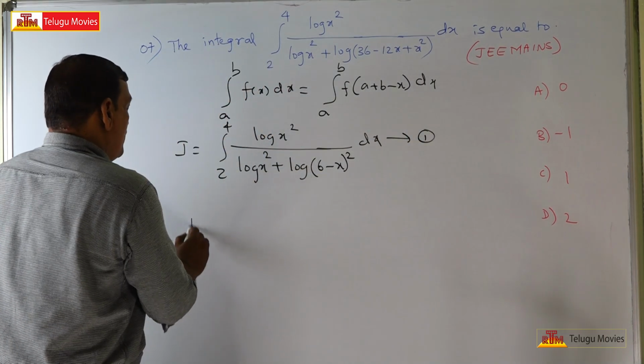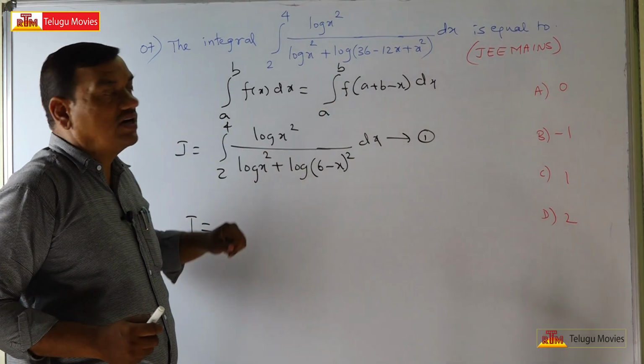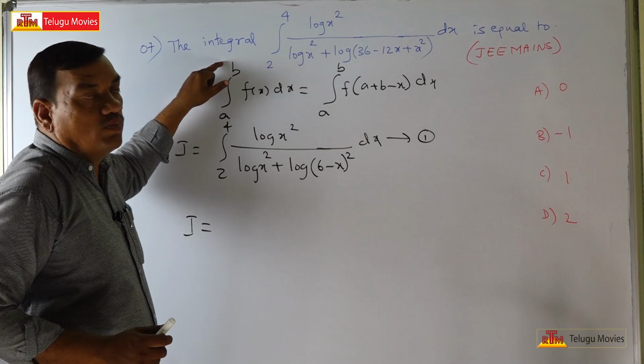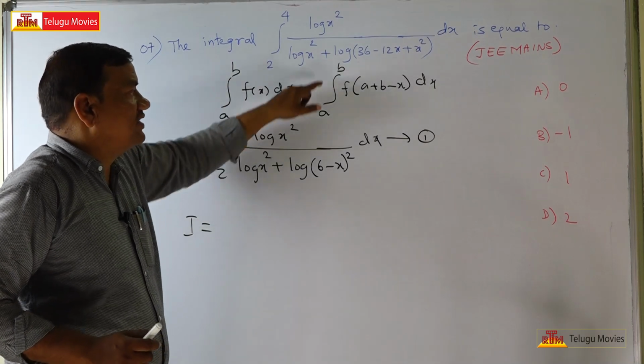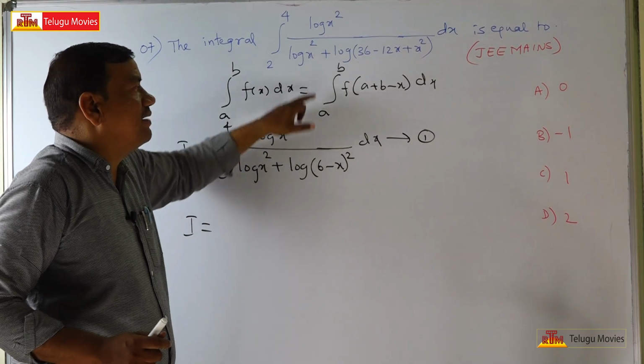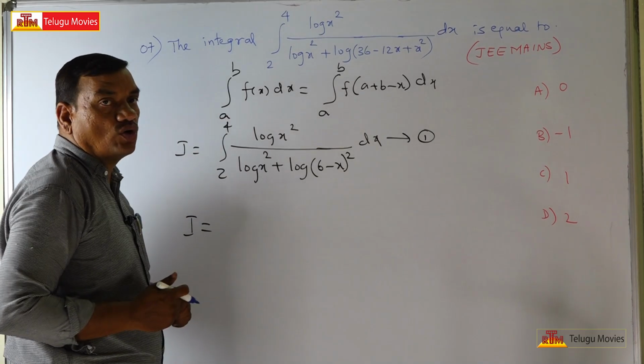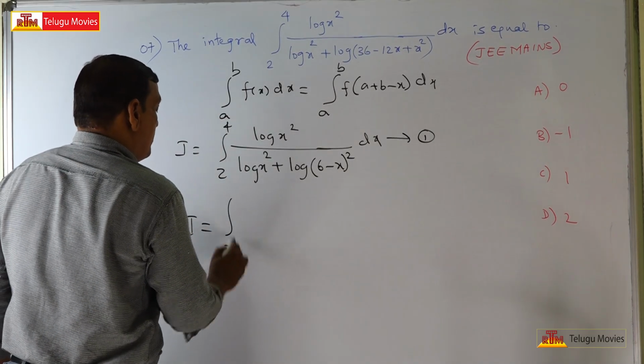Now I am going to apply this property here. What is that property? The integral from a to b of f of x dx is the same as the integral from a to b of f of (a plus b minus x) dx. A plus b means you have to add both: 2 plus 4 is equal to 6. So this is the same as 2.